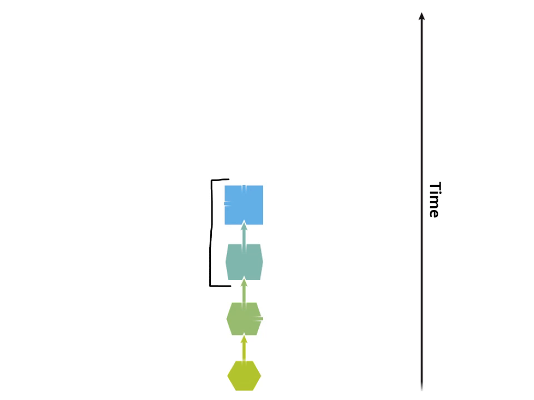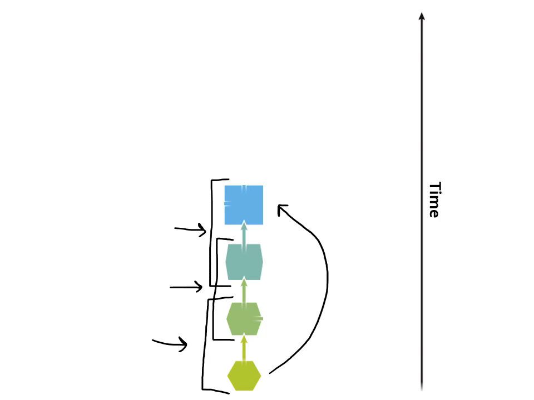We see similarities between the blue square and this kind of teal, almost square. We see similarities here between this one and its ancestor, and this one and this ancestor. But the green hexagon and the blue square don't really resemble each other. And these right here are microevolution, the slight changes from generation to generation.